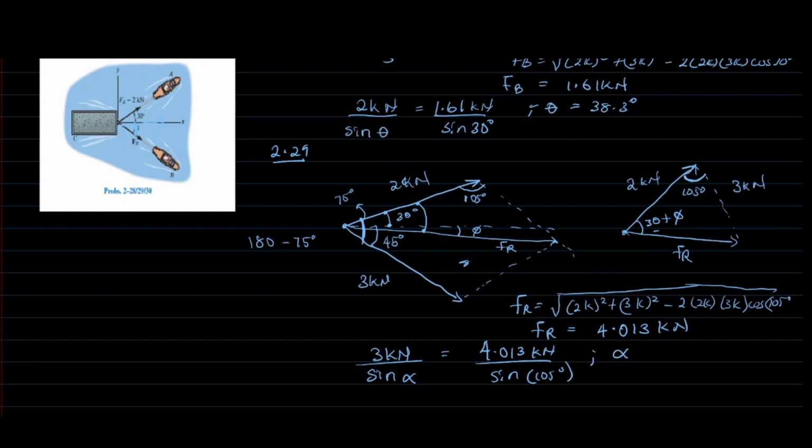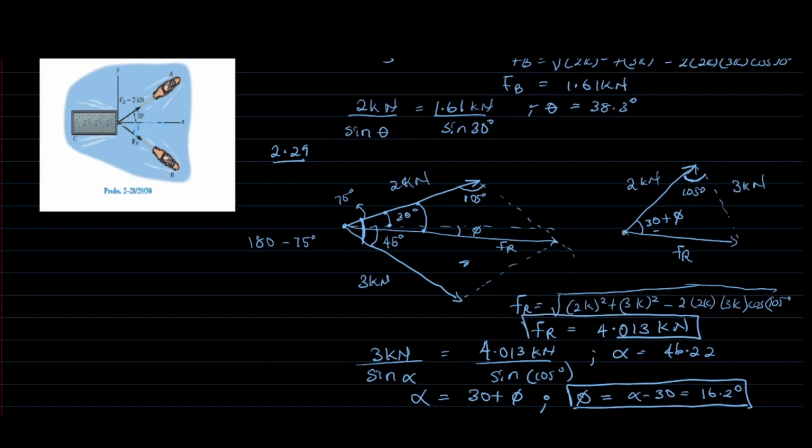Make alpha the subject of the formula and you're going to get 46.22. Now remember that alpha is equal to 30 plus phi. In order to find phi, which is the direction of the resultant force, we're going to do alpha minus 30, which is equal to 16.2 degrees. We've been able to get this and this.